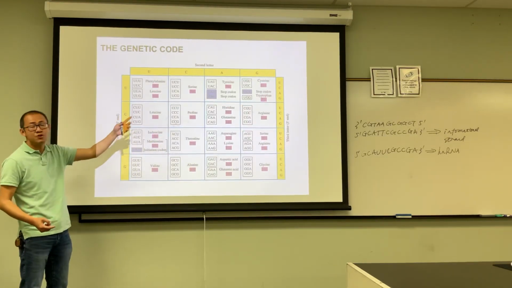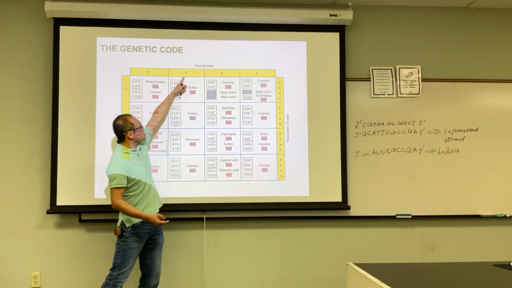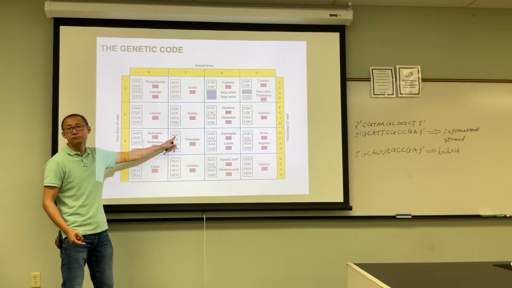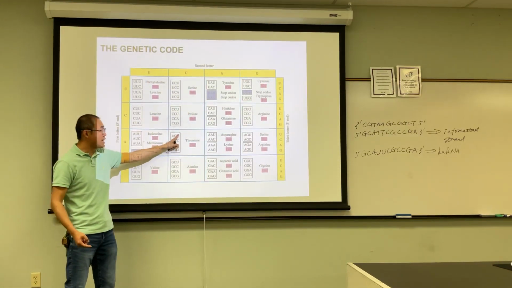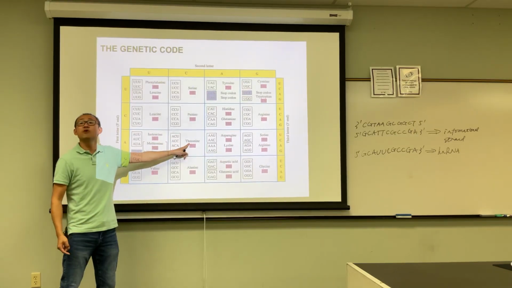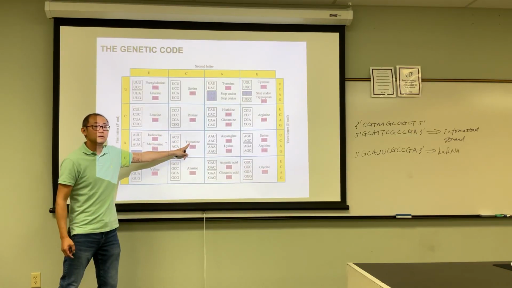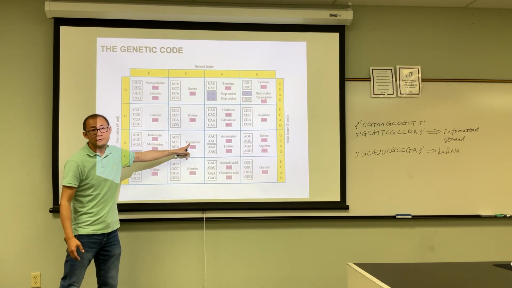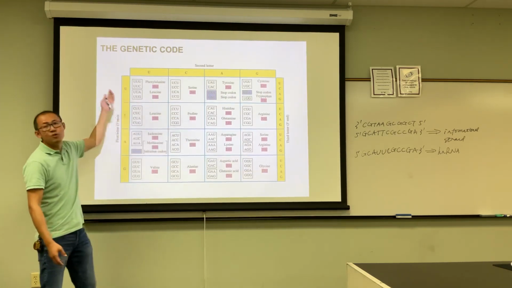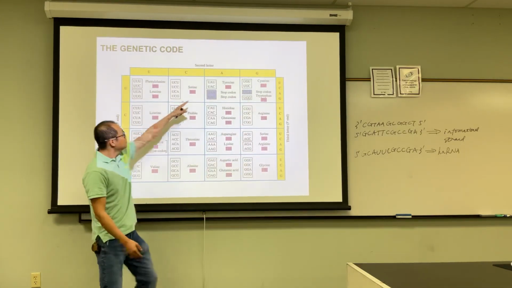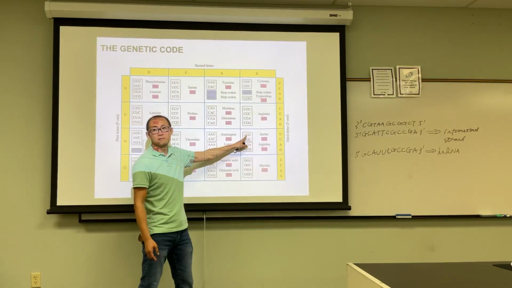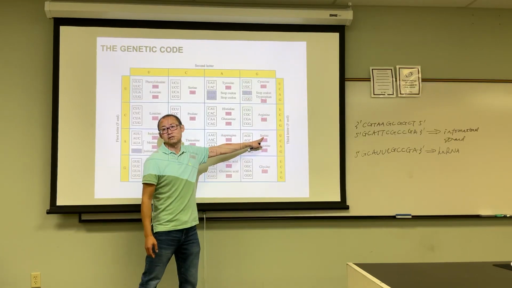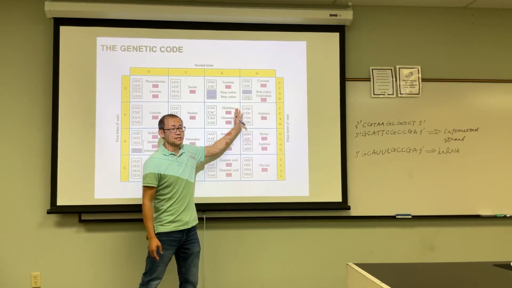For example, the codon ACU tells you that you need threonine, an amino acid. Or AGU means serine. This chart is very easy to use.